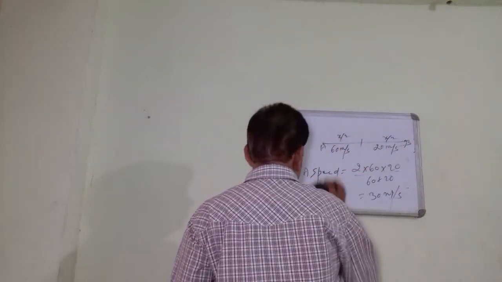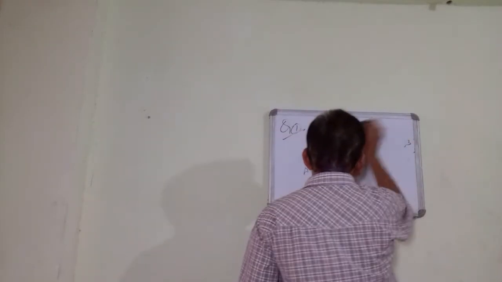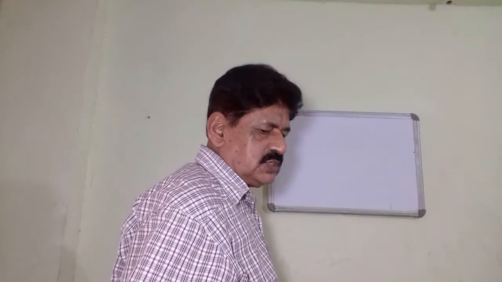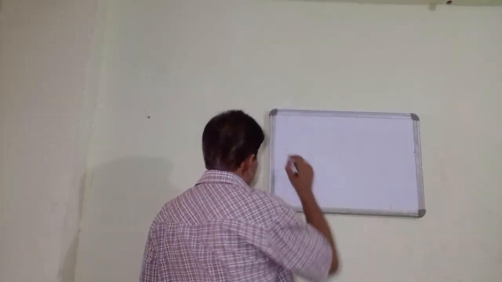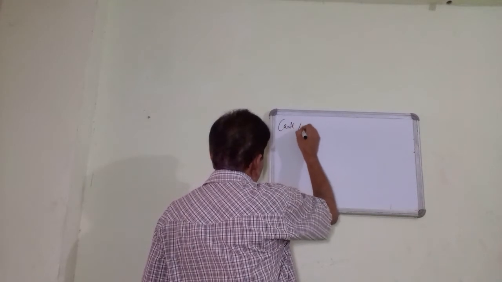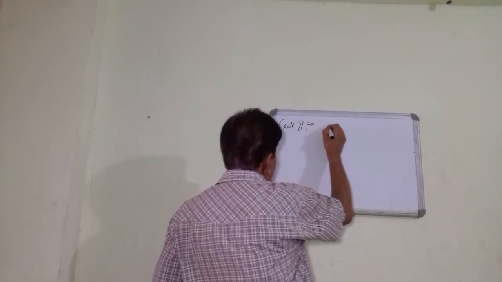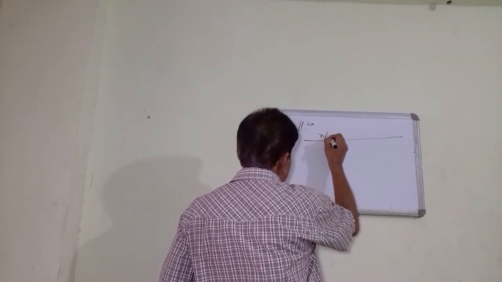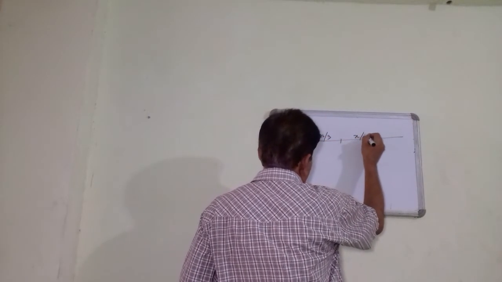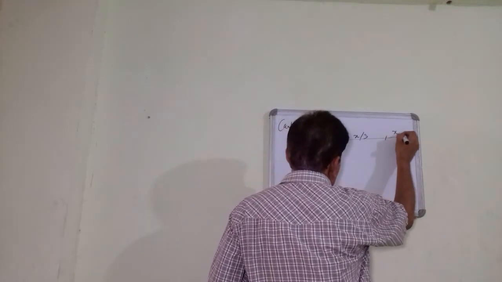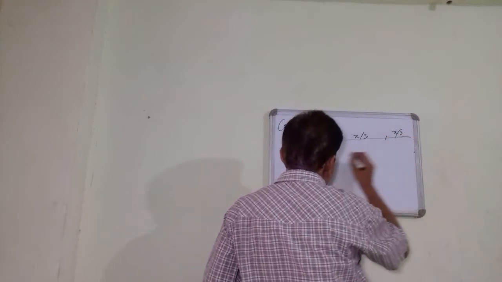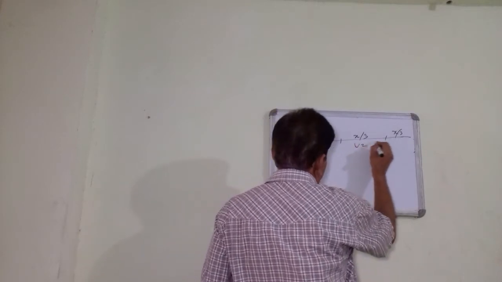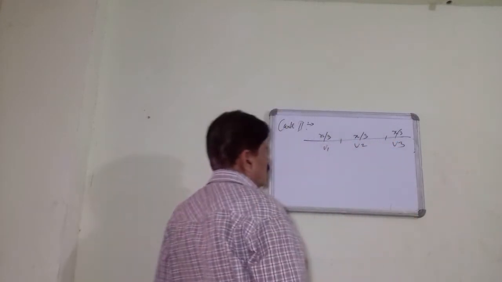Next case, consider if the body covers the first 1/3 distance x by 3, the next 1/3 distance x by 3, and the last 1/3 distance x by 3, with speeds v1, v2, v3.